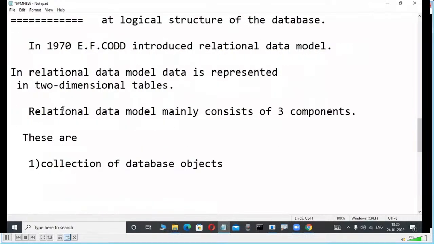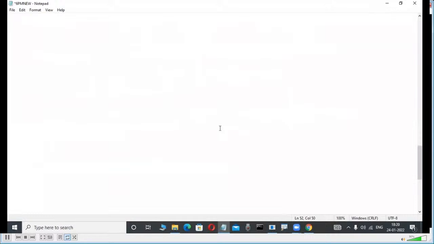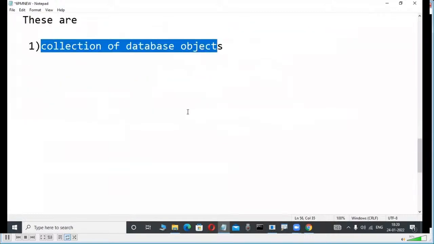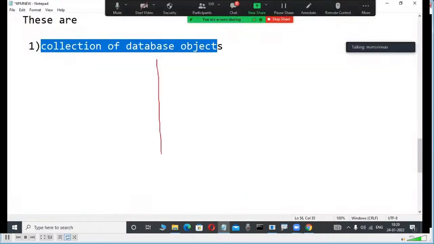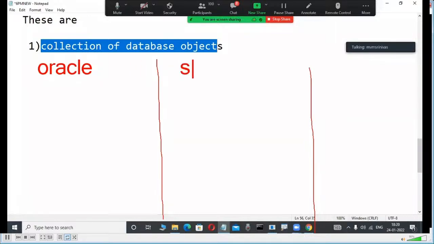Relational data model mainly consists of three components. The first one is a collection of database objects, which is dead easy. Even a first-time newcomer can understand. Suppose you are learning an Oracle course. Oracle is a relational data model product. Some other fellows are learning SQL Server, a relational data model product, and MySQL is also one from a different company.